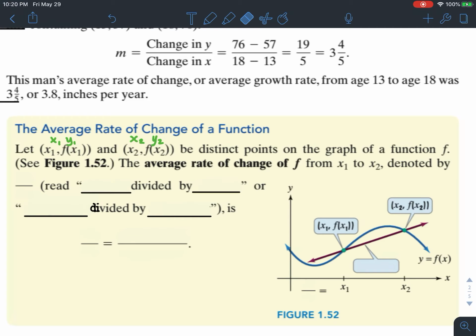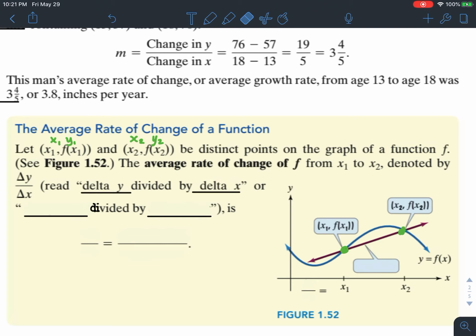So the average rate of change of f from this point to this point is denoted by a little triangle y divided by a little triangle x. And the triangle is the Greek letter delta. So that's read delta y divided by delta x.